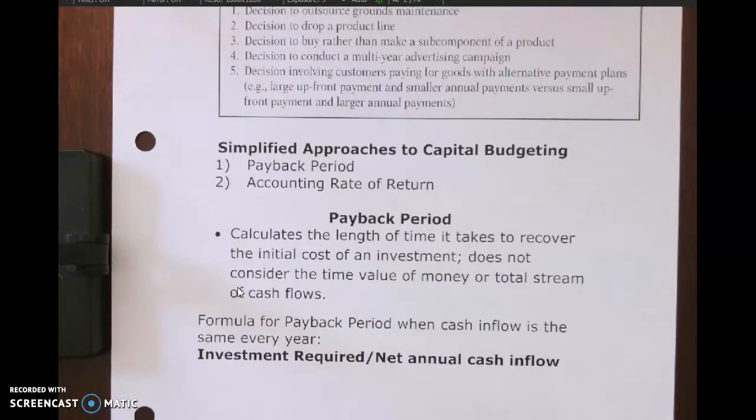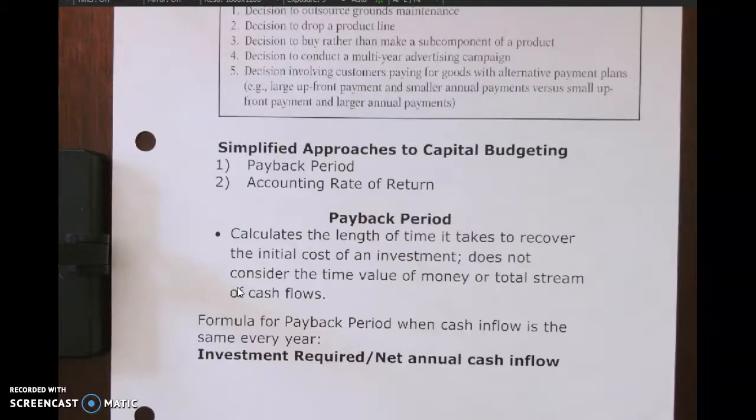So for example, let's say it costs us $10,000 in tuition to get an MBA. And the difference in our salary between having an MBA and not having an MBA, post-MBA versus pre-MBA, is $5,000.